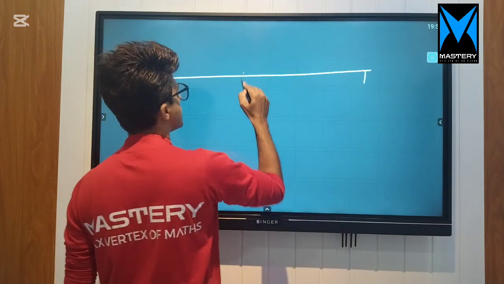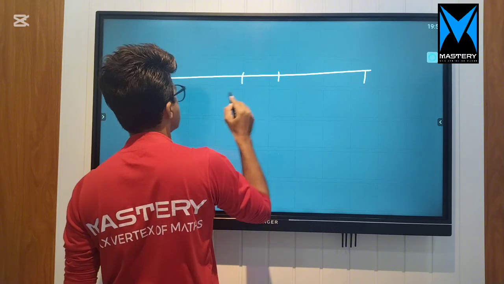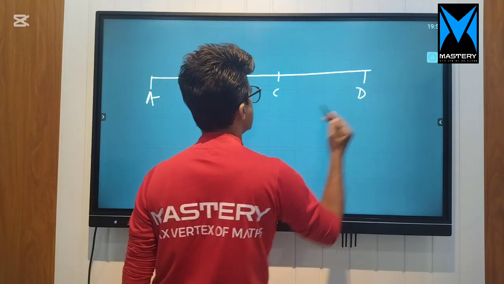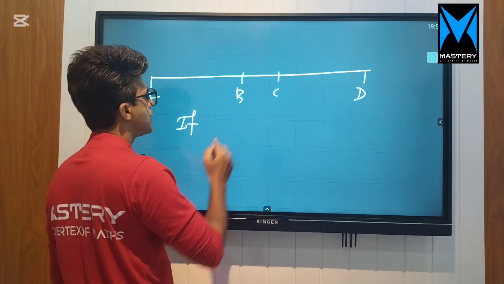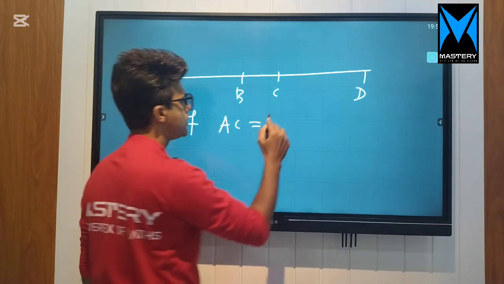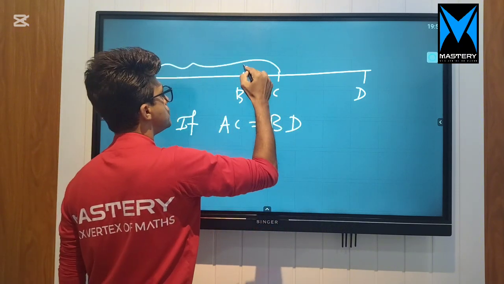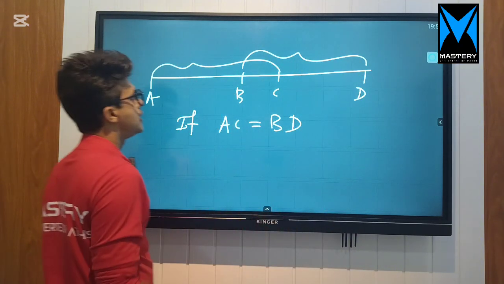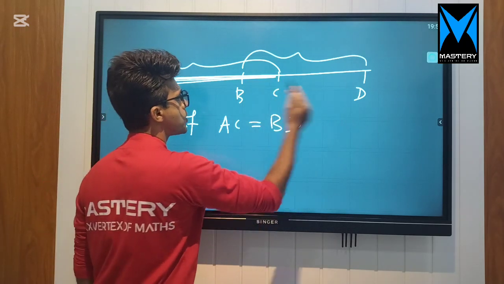Here is a line with points A, B, C, D. It is given that AC equals BD. AC means from here to here, and BD means from here to here.